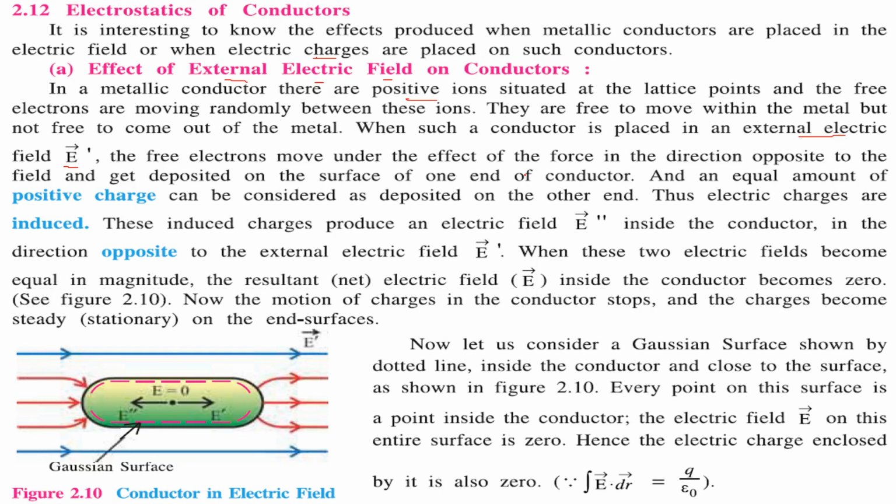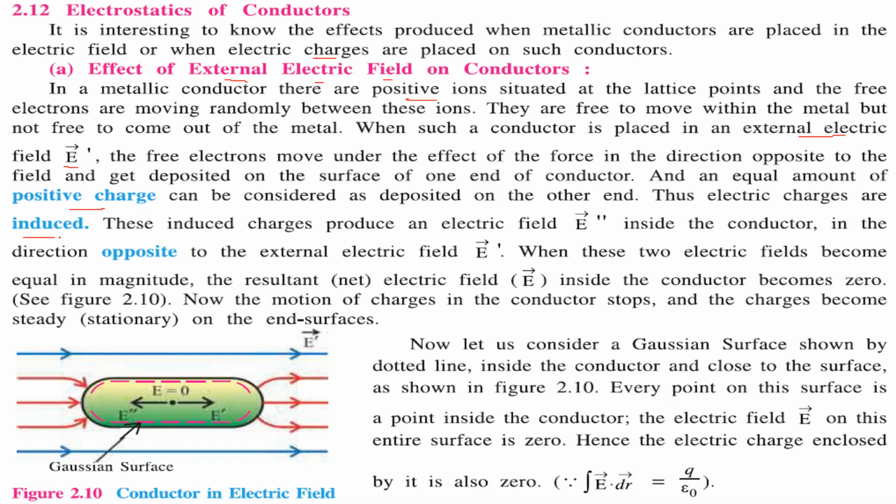They get moved or deposited on the end of the conductor, and an equal amount of positive charge, because if negative charge is placed at one point, the same amount of positive charge can be considered deposited at the other end, right? Because the charges are the same.